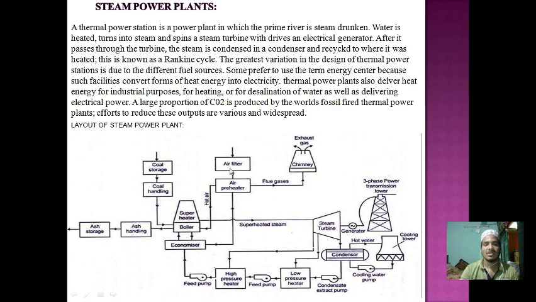Here the air enters from the outside, and then the air becomes hot. In the boiler, the hot air goes in, as well as high-pressure water. Inside it, the superheated steam is generated. The superheated steam then goes to the turbine, then the generator, and then the three-phase power transmission. We already discussed this in the last class.